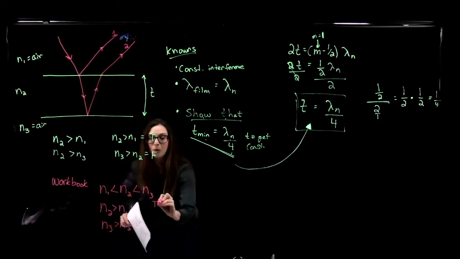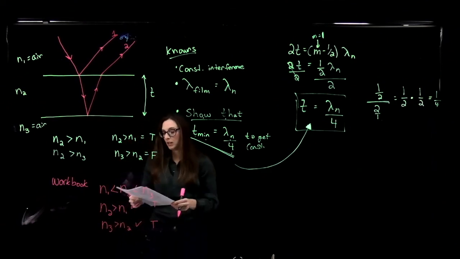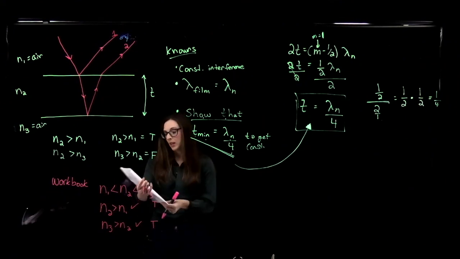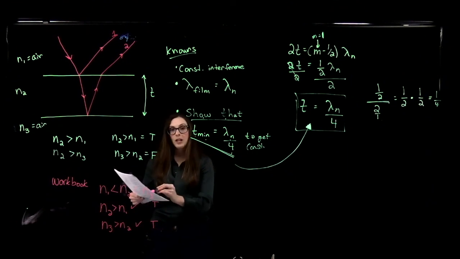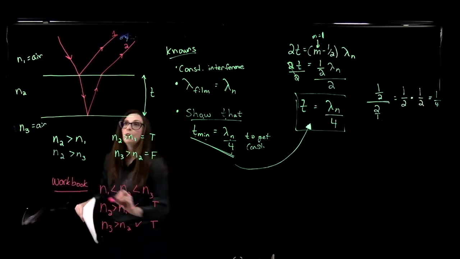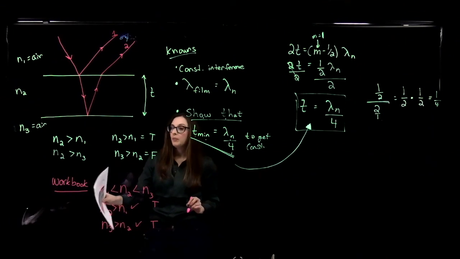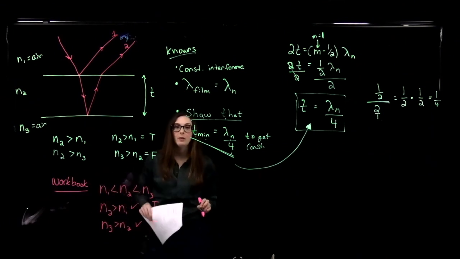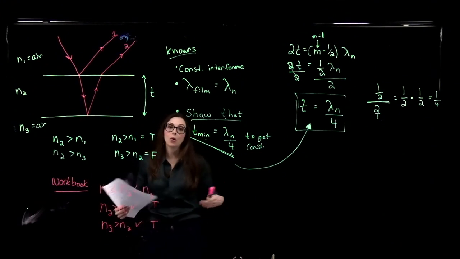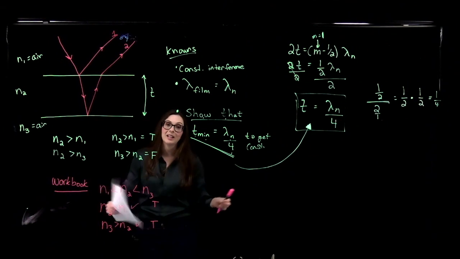So you're going to have true and true for the conditions for both of these columns in your thin film truth table. And so then you can look down there to see what equations you need to use in order to think about constructive or destructive interference for this particular workbook problem. You're going to have 3 layers, and n1 is going to be less than n2, which is going to be less than n3. And let's say that you're given the wavelength of light that's incident on the film.